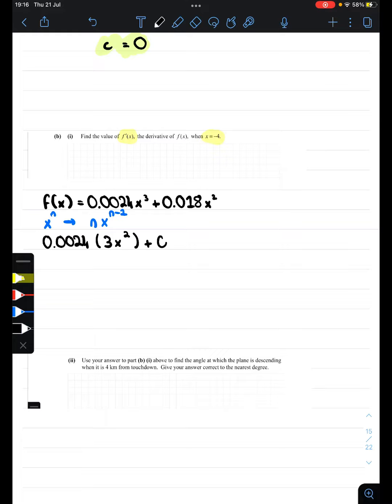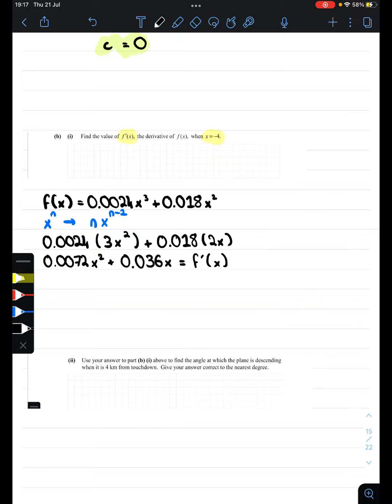Similarly, we'll get 0.018 and then 2x. That gives us 0.0072x squared plus 0.036x. And that's our derivative.